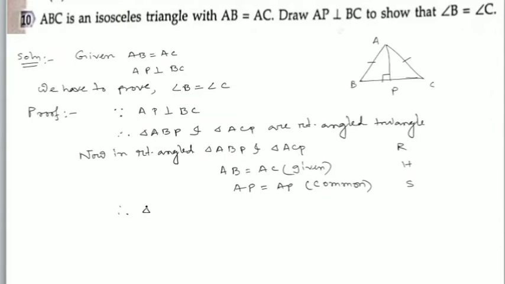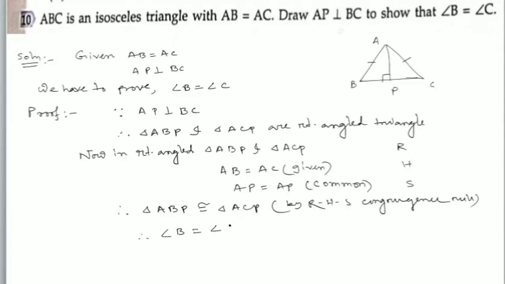So we write triangle APB congruent to triangle ACP by RHS congruence rule, and therefore we can write angle B is equal to angle C by CPCT rule. Both are corresponding angle of congruent triangle. Okay, so this is proved.